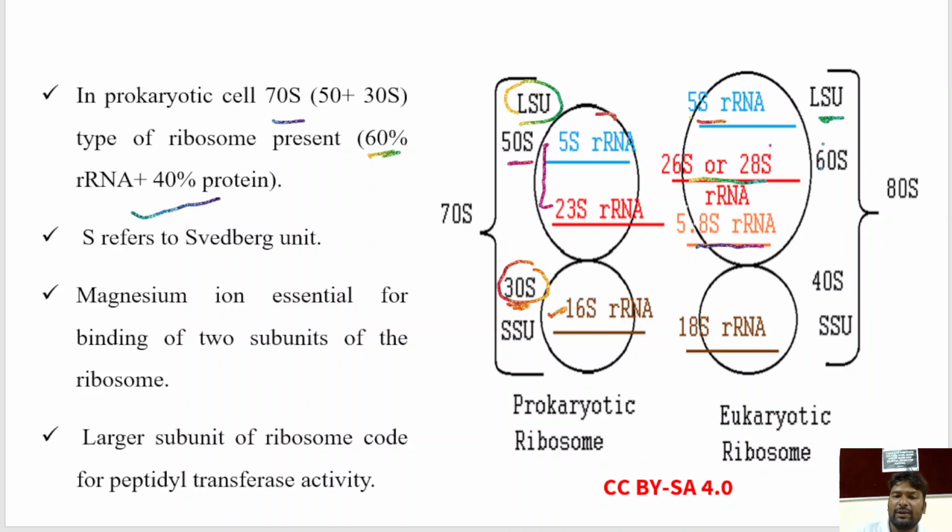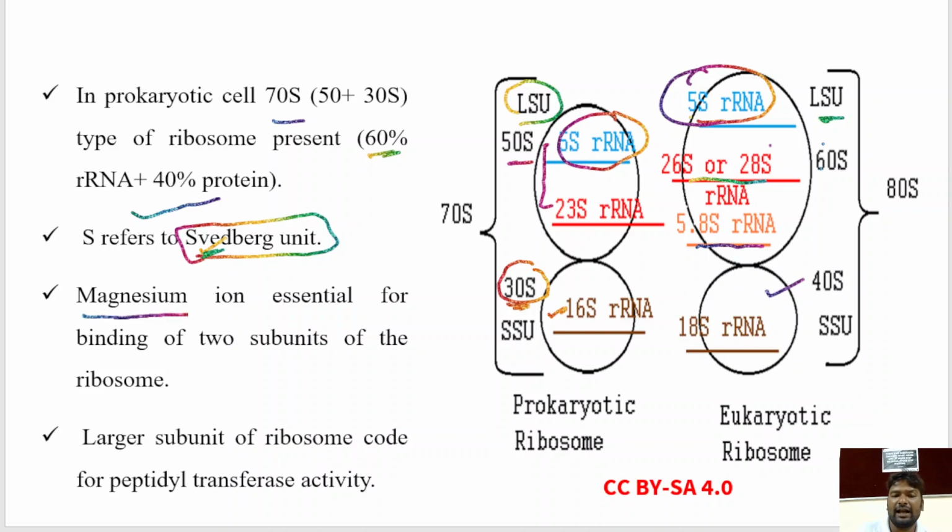So you can see 5S RNA is common in both prokaryotes and eukaryotes, and the small subunit has 18S RNA. This S refers to the Svedberg unit, the name of a scientist.